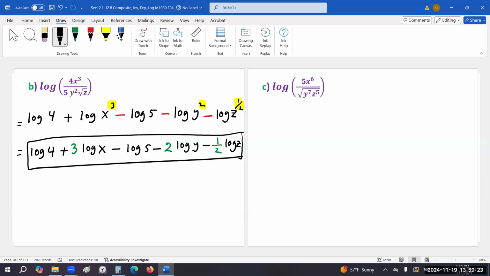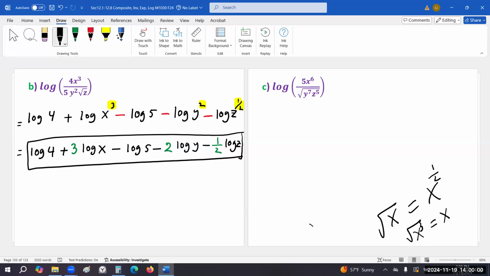What is square root of x in terms of power? Square root of x is x to the what? 1/2. Now, if you have square root of x to the 3, 3 is a whole power, and square root is a fraction power.